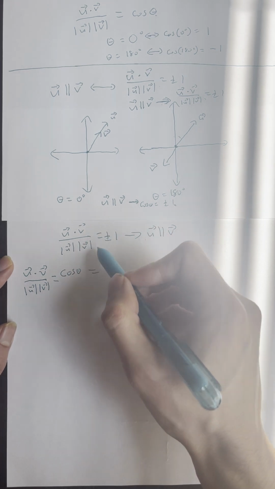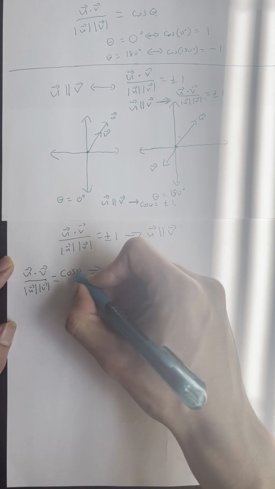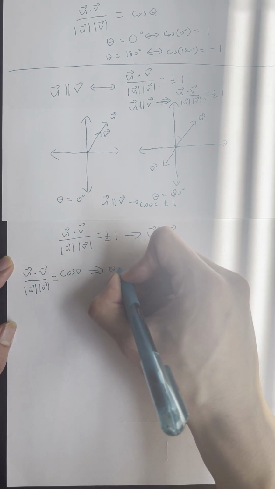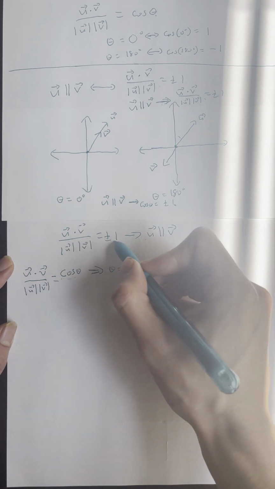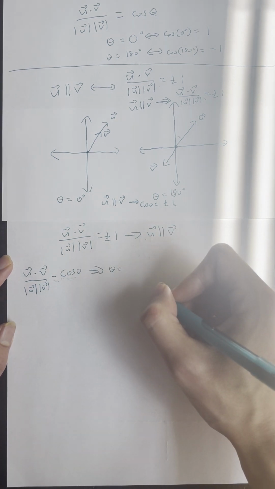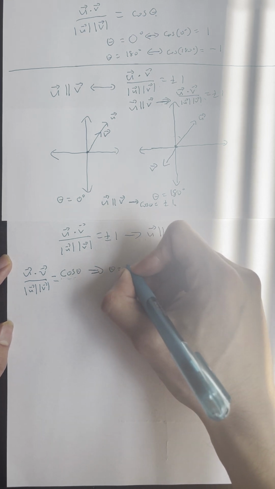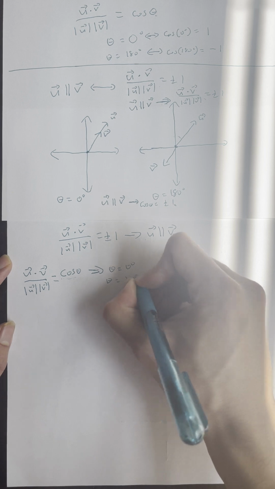So when this is equal to plus or minus 1, when the cosine theta is equal to plus or minus 1, theta has to be how much? Theta has to be 0 degrees or 180 degrees.